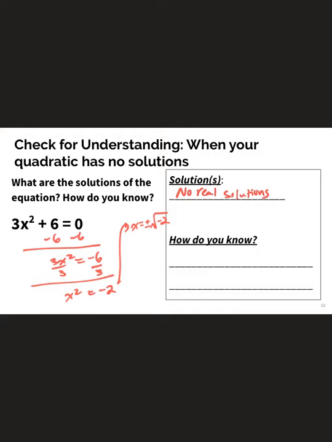And the reason why I know is because taking the square root of a negative number results in what we call imaginary solutions. So because you only end up with imaginary solutions, no solutions for your quadratic equation here, at least in Algebra 1.